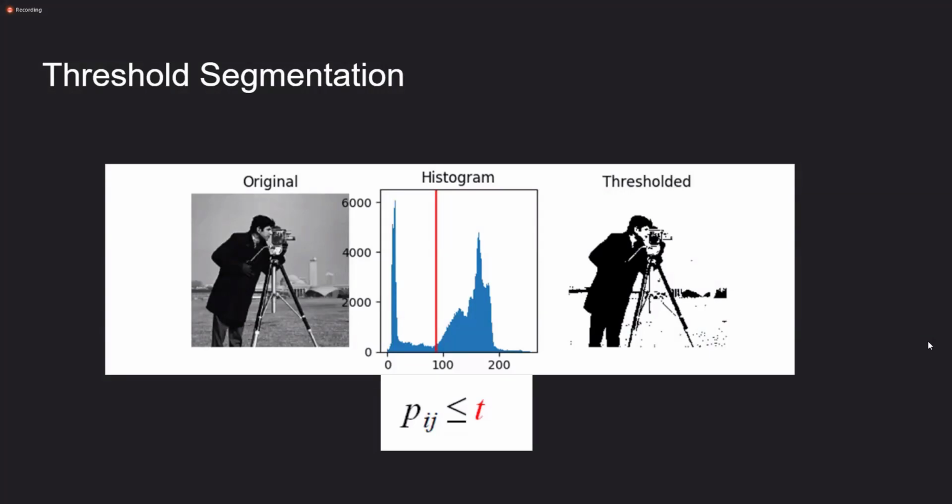So in this case, the black values are below, I don't know, that's probably around 90 maybe, and all of the white pixels are above that value. Very simple, very effective, very quick, but maybe not as sophisticated as what we need for more complex images.